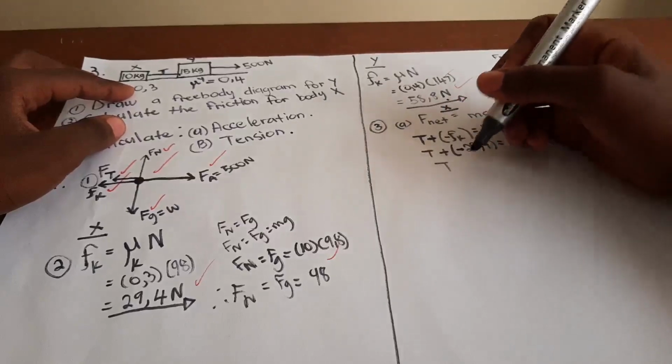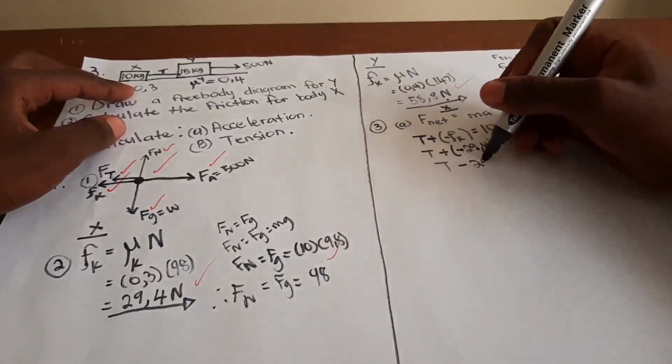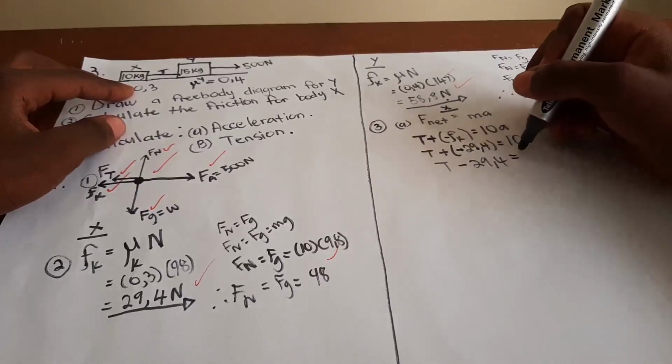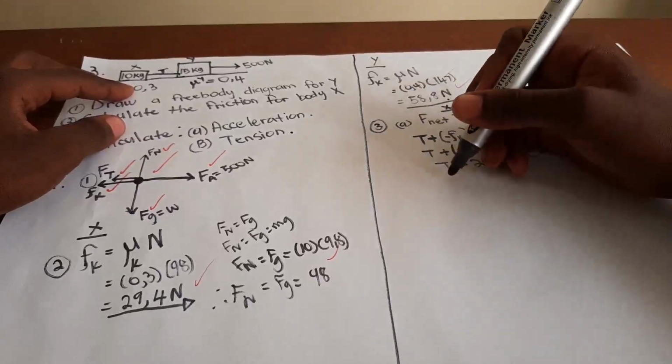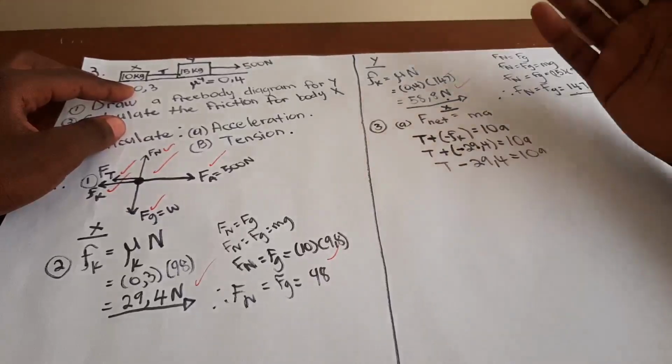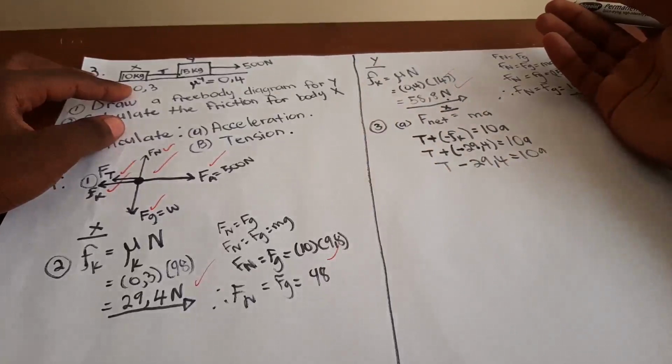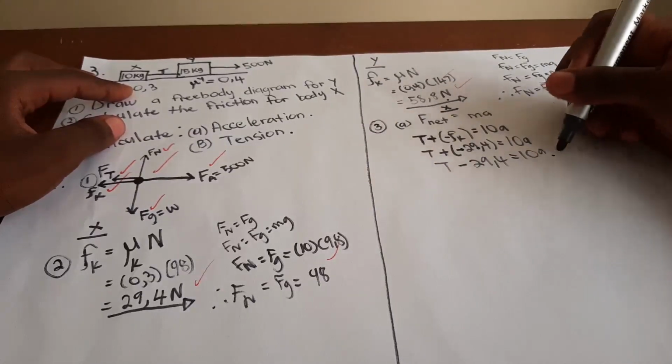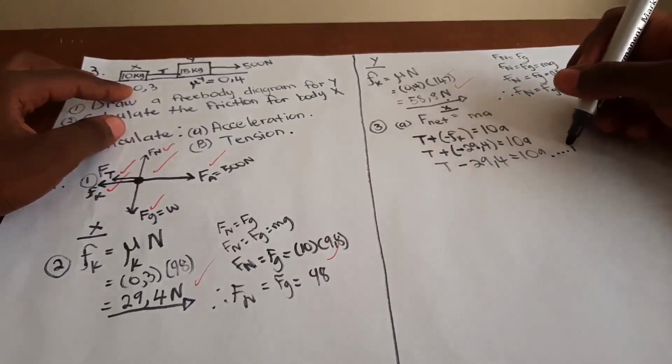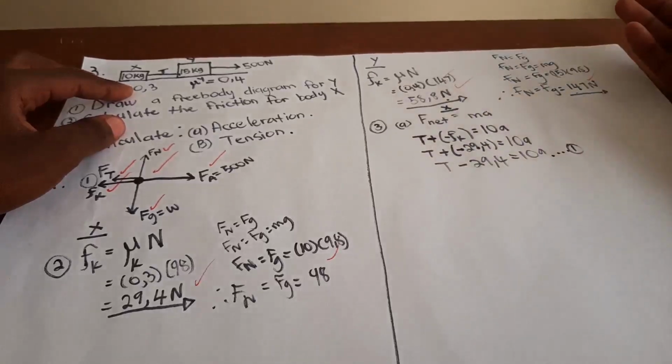So T minus 29,4 is equal to 10A. There are no like terms, so this becomes our very first equation.